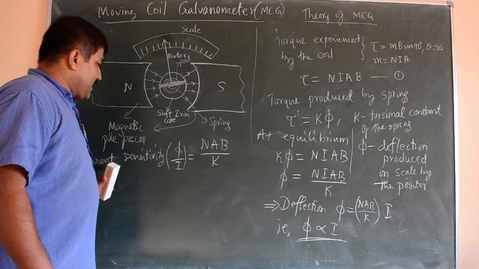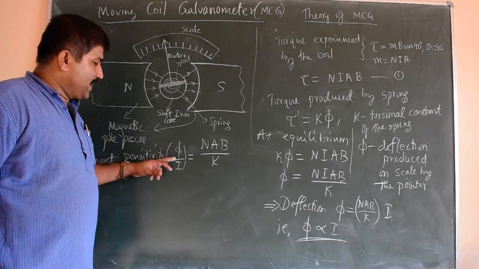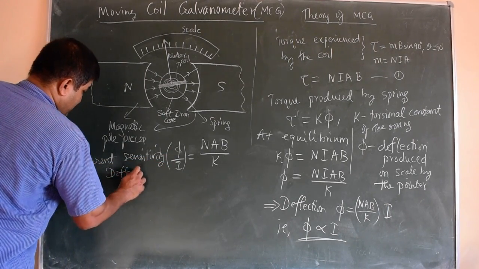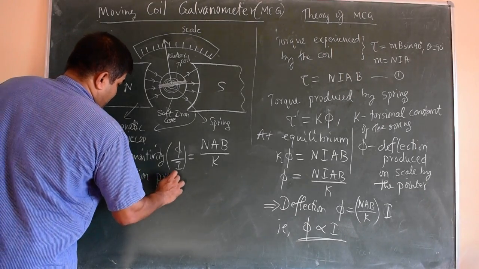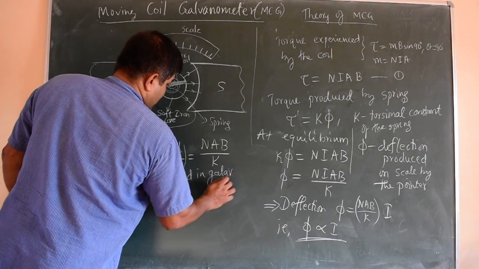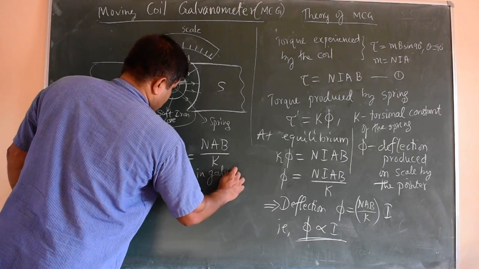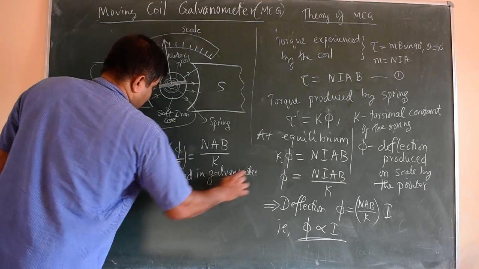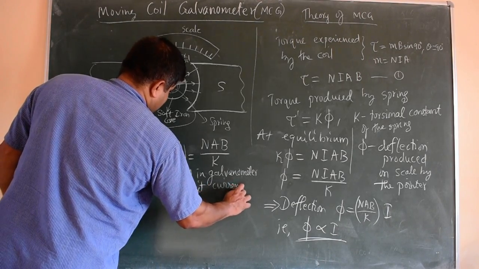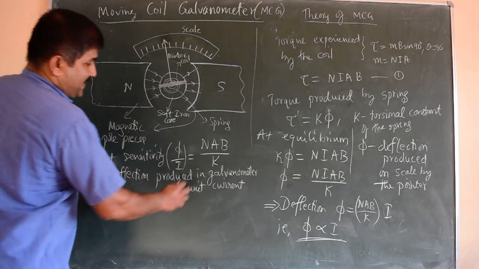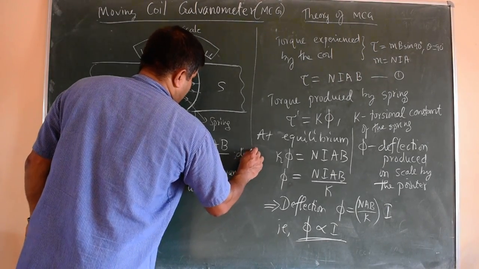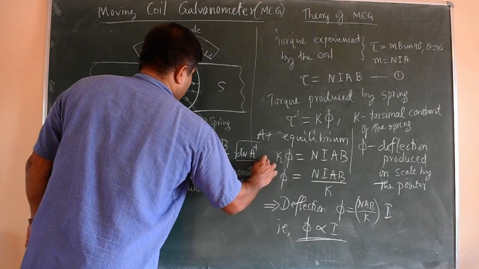So current sensitivity is phi by I, deflection per unit current. Deflection produced in the galvanometer per unit current is called current sensitivity, and the unit is division per ampere.